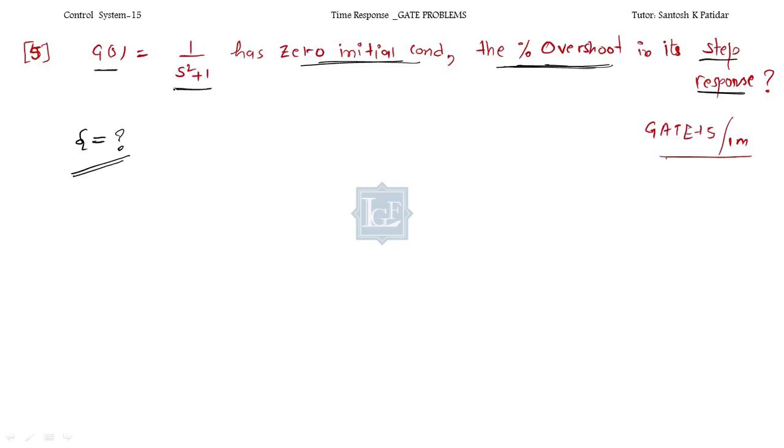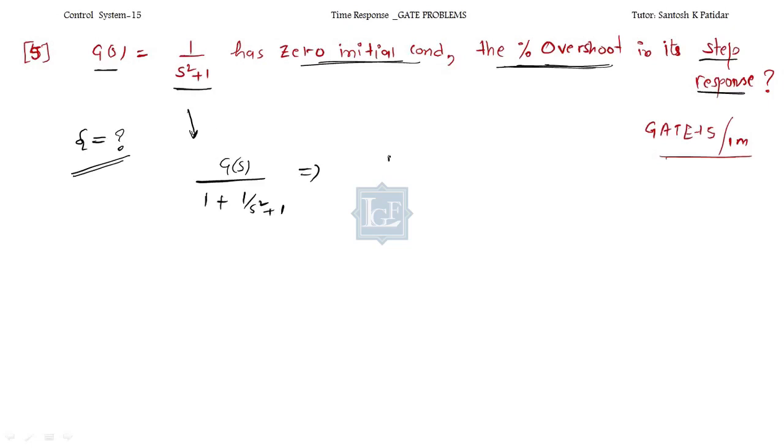So first convert it into the closed loop transfer function, so we can easily compare with the standard one. This is a unity feedback system, given in the question. So the closed loop transfer function will be G(s) by 1 plus G(s), that is 1 by s square plus 2.